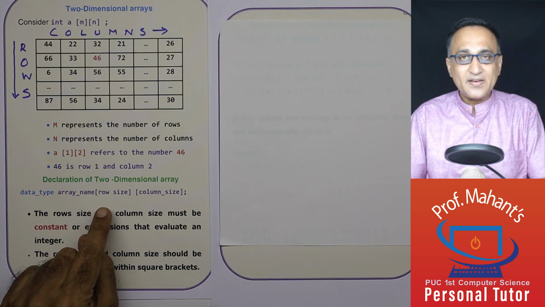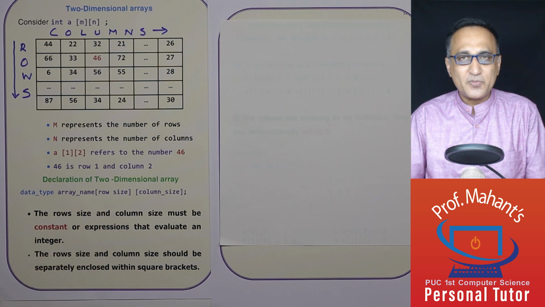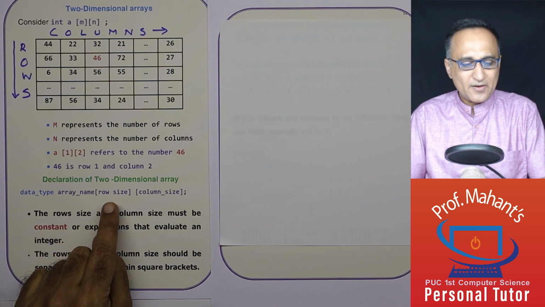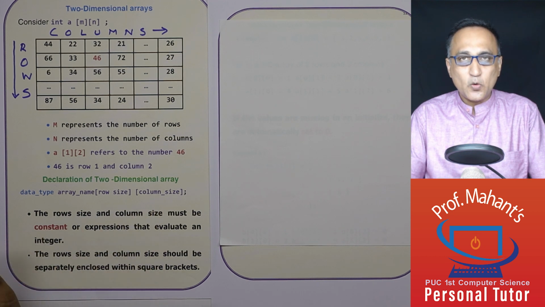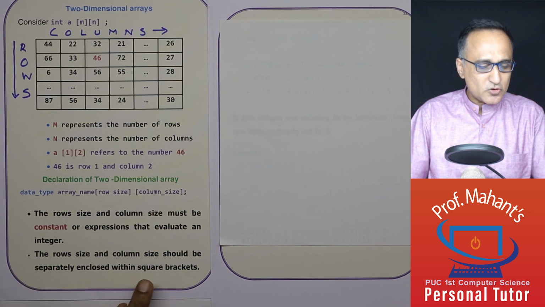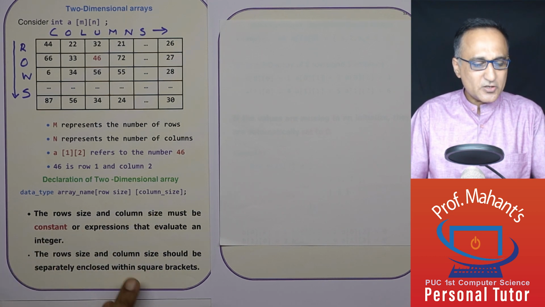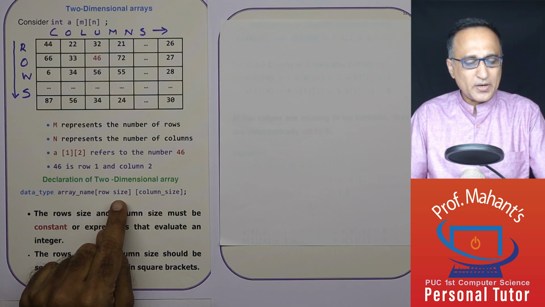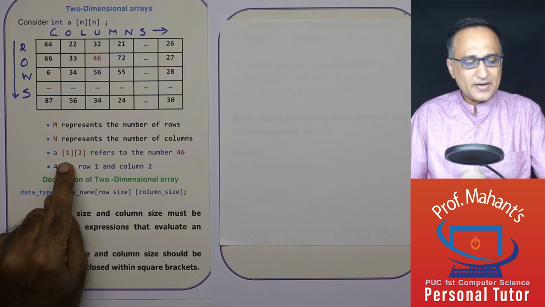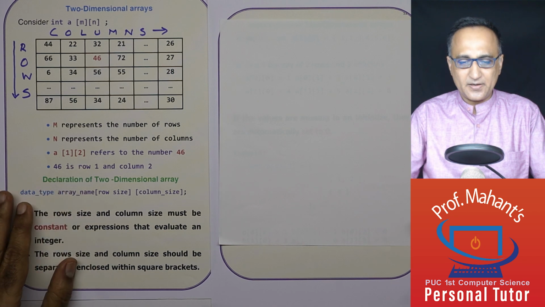You cannot have array A of 2.2 comma 3.3. That's not possible. Just as you cannot have half a person, 1/4 person, you have to have the number of rows and columns as a whole number. The row size and column size should be enclosed in separate square brackets. Row in one bracket, column in the next bracket.